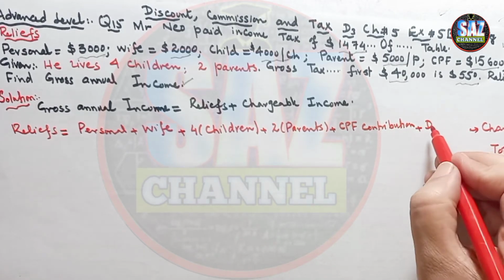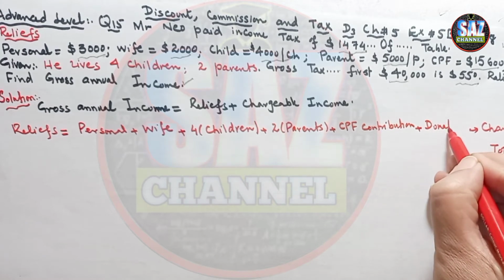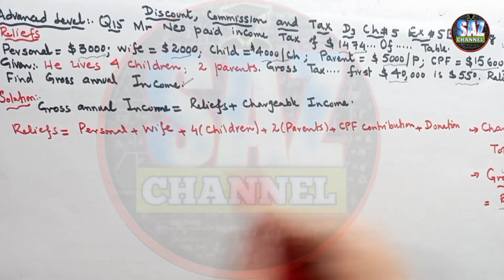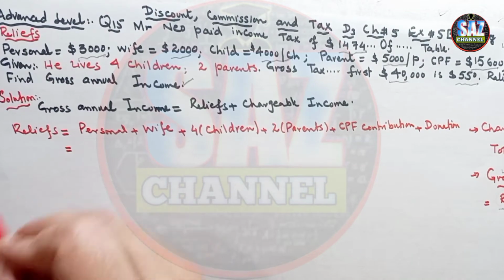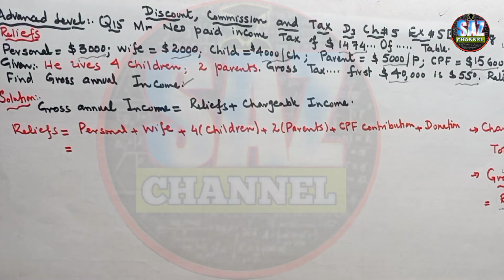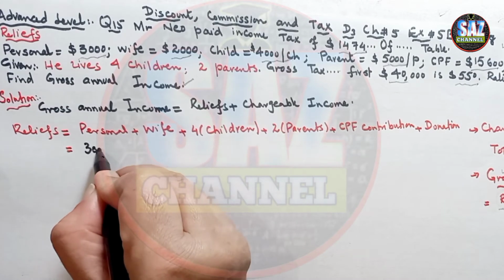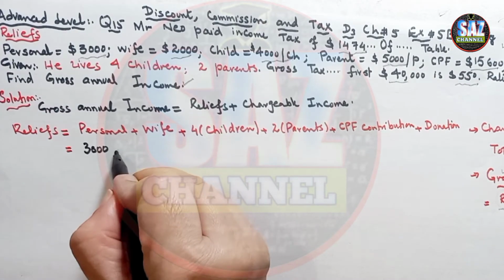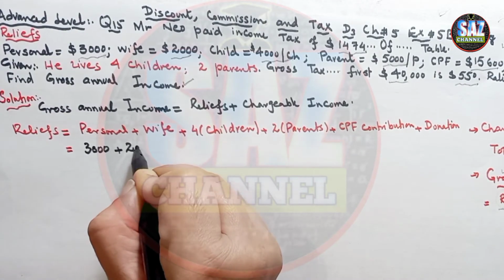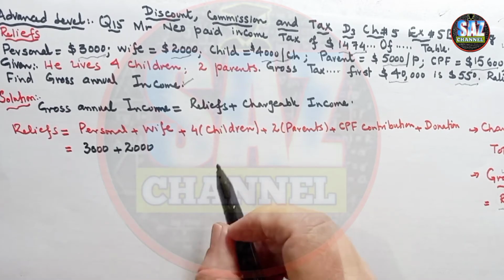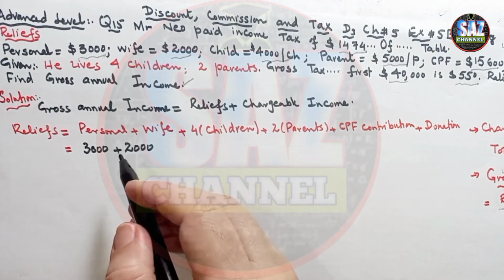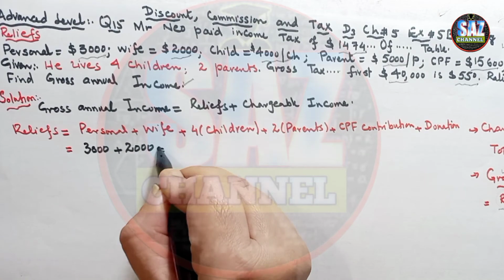Now what I have to do, I have to replace the values carefully. That personal relief he's getting is 3000, and for wife he is getting 2000, and for children he's getting 4000 for one child.